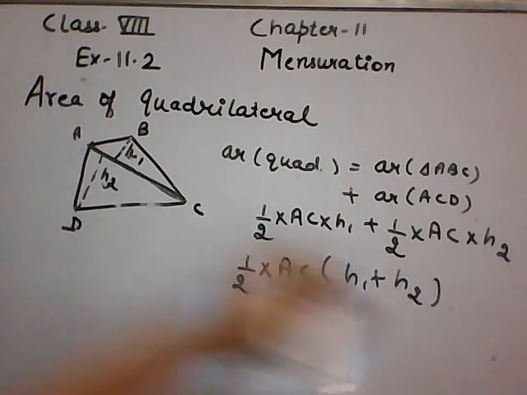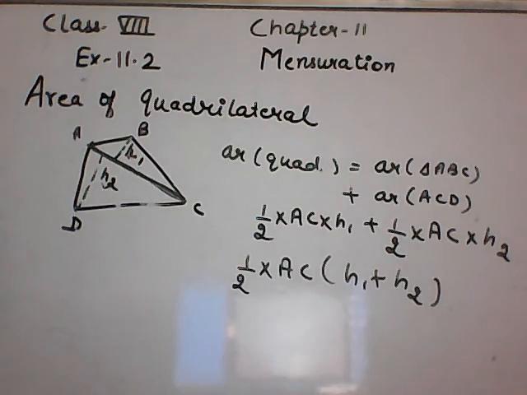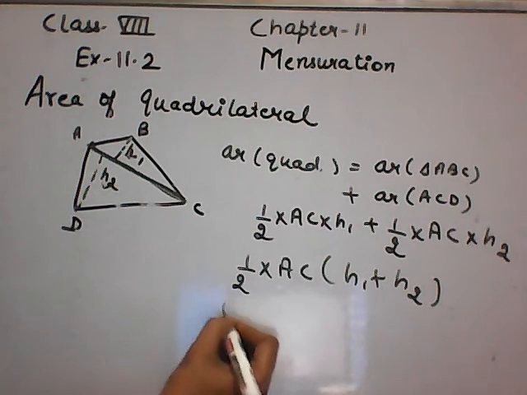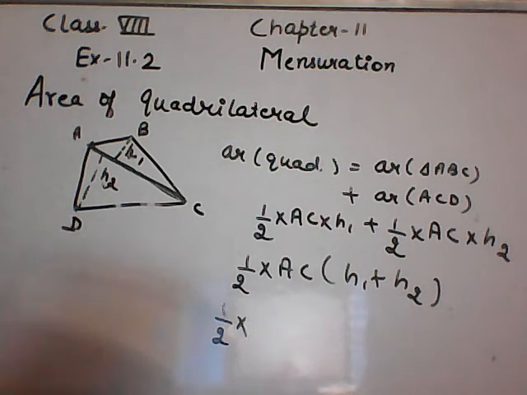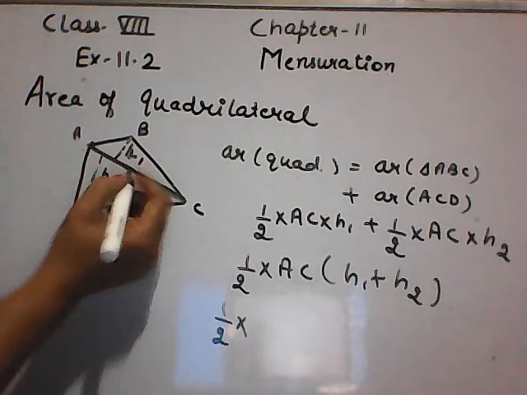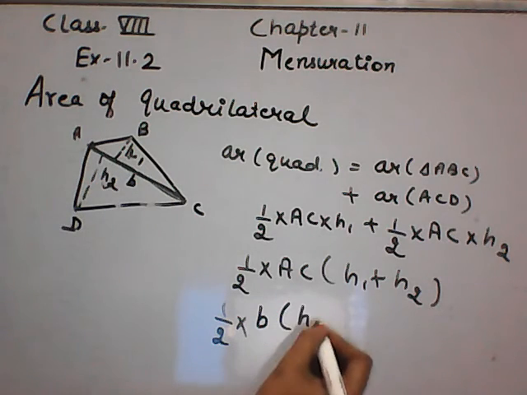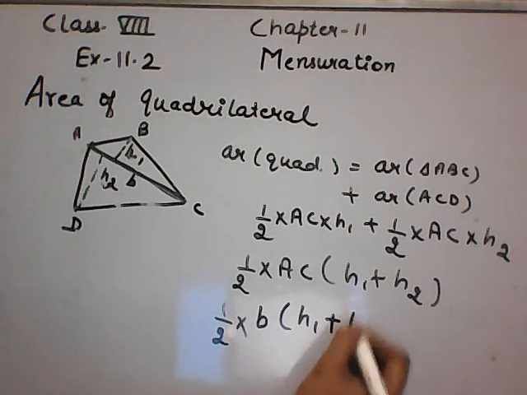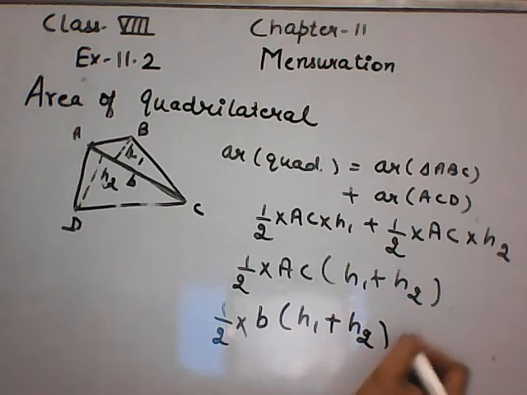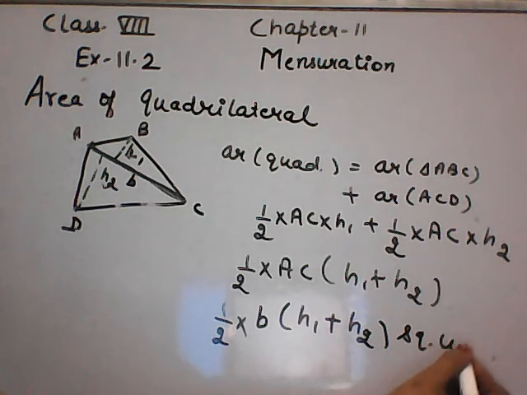Now the formula for the area of a general quadrilateral will be 1 by 2 multiplied by the base, where AC is the base, multiplied by height 1 plus height 2 square units. We can use this formula directly for finding the area of a general quadrilateral.